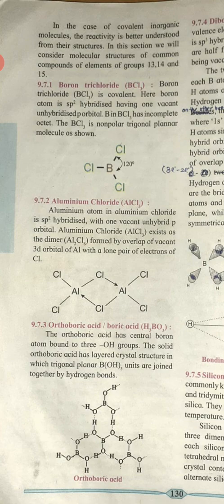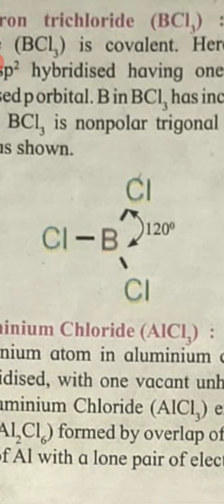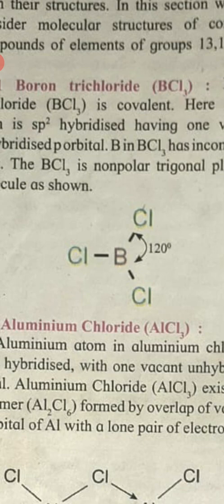Boron in boron trichloride has an incomplete octet because the central boron atom contains 6 electrons. So BCl3 is a non-polar trigonal planar molecule, and each Cl-B-Cl bond angle is 120 degrees. This is the diagrammatic representation of boron trichloride.